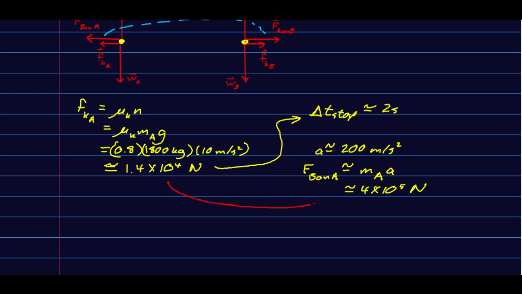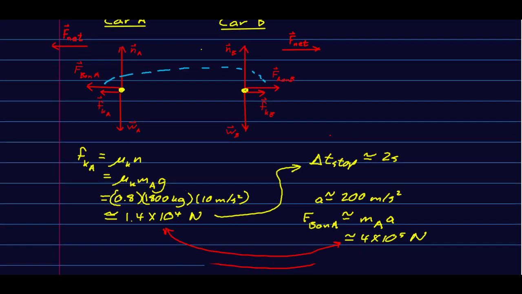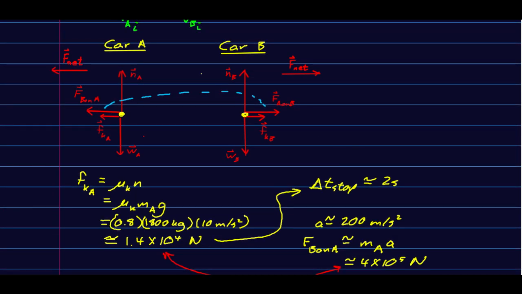So compare those, right? That friction force is a big force, but the force that B is exerting on A is more than an order of magnitude bigger. And so it would be fairly reasonable for us, if we don't need high precision, to neglect the kinetic frictions.